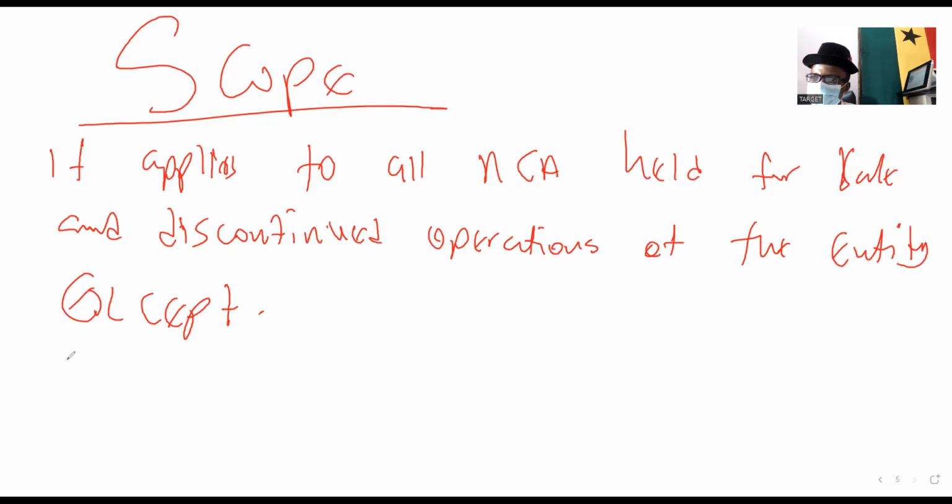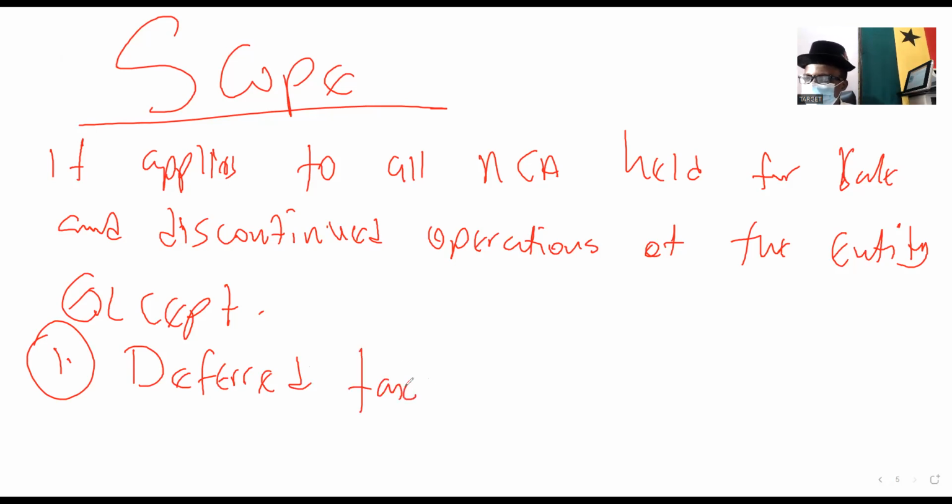First on the list is deferred tax assets. Even though it's an asset, deferred tax assets are not under IFRS 5 and cannot be recognized or measured under IFRS 5. You can get that in IAS 12, income taxes, as you've read.